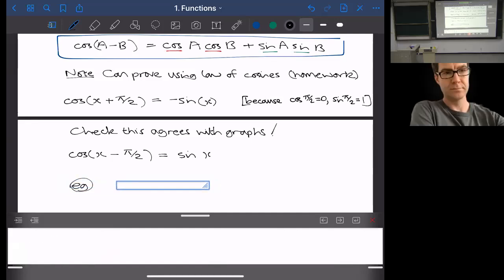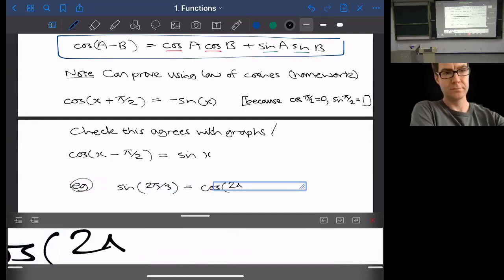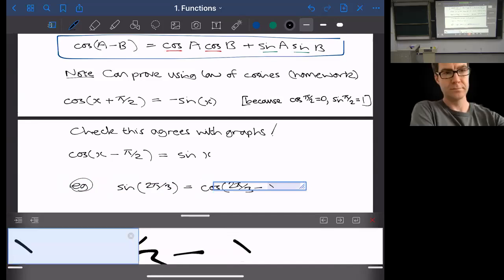And why is this formula useful? Well, to calculate sine of 2 pi over 3 without a calculator, I can use this formula to write it like this.